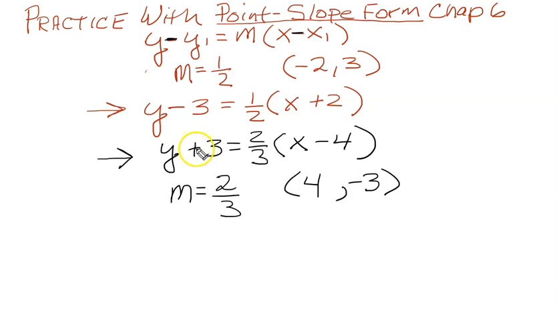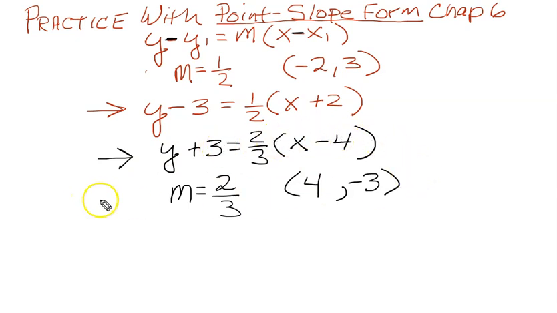So if you have here a positive 3, the y value is actually a negative 3. And if you have a negative 4, the x value is actually a positive 4. So in the point-slope form, the shortcut is just the opposite sign.